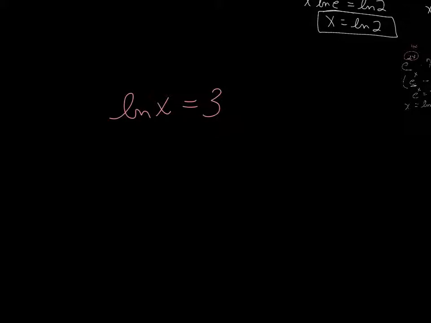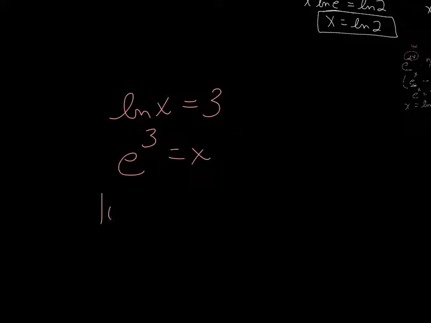We can natural log both sides? No, we already have the natural log. Do what we did with that problem over there. So it would be e to the third equals x. Rewrite it in exponential form. And just to save time, you can get a decimal approximation if it's asked for one. You know how to plug that in your calculator.